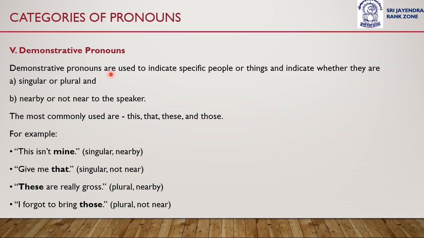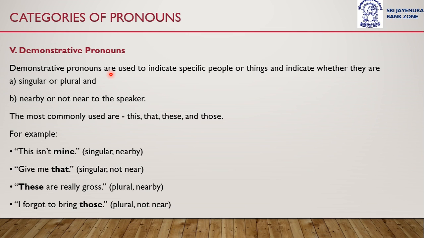For example, this isn't mine. This is a singular pronoun, which specifies that the speaker is near. Alright, give me that. That is a demonstrative pronoun over here, and it is a singular pronoun, and it represents that the object is away from the speaker.